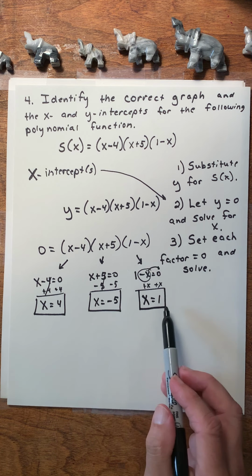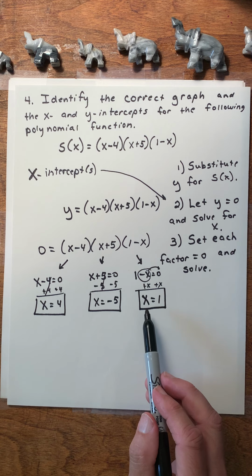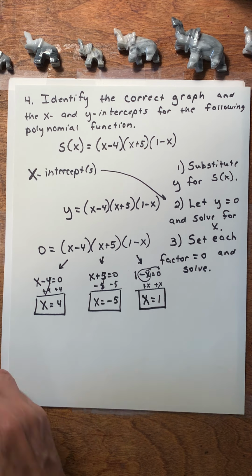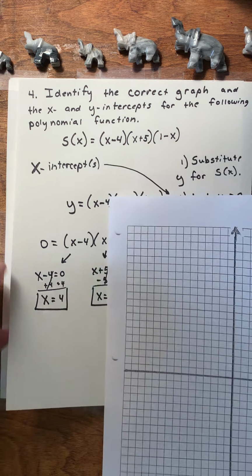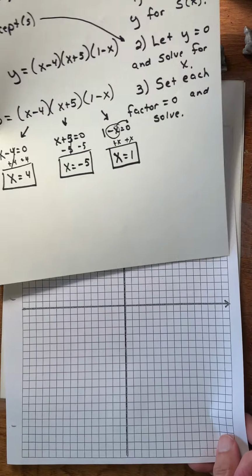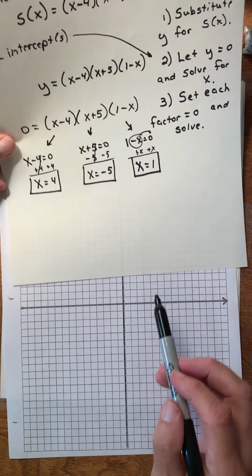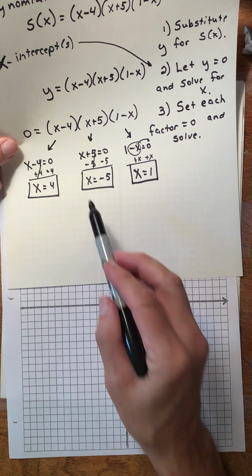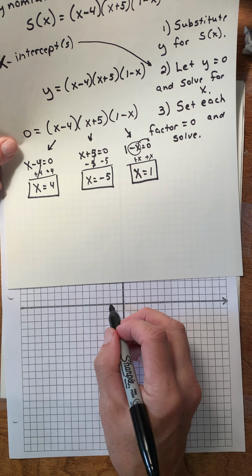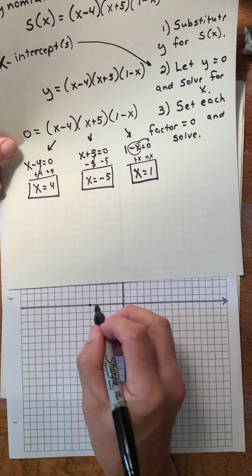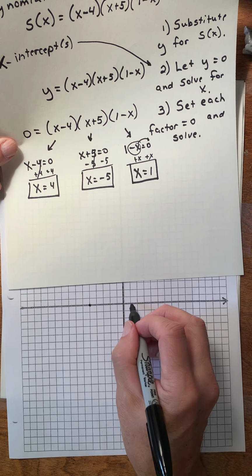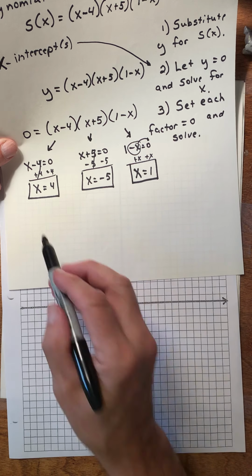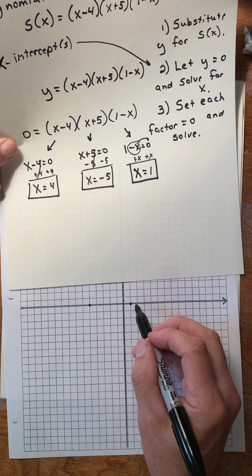So here are my 3 x-intercepts. In other words, when I look at the graph of this polynomial function, it is going to cut the x-axis in 1, 2, 3 places. At negative 5, at positive 1, and at positive 4.